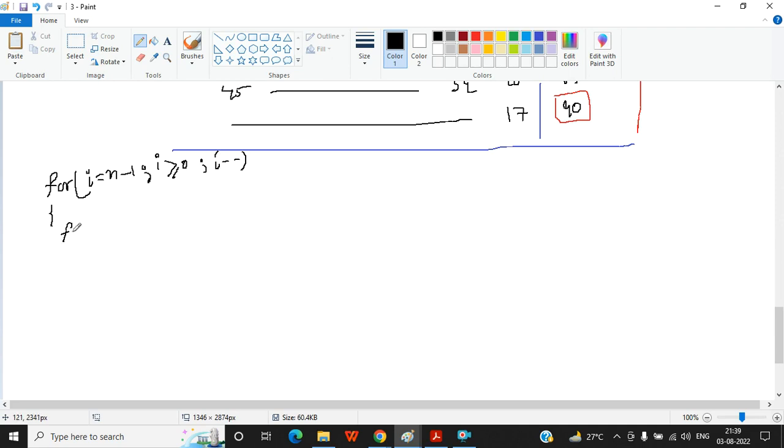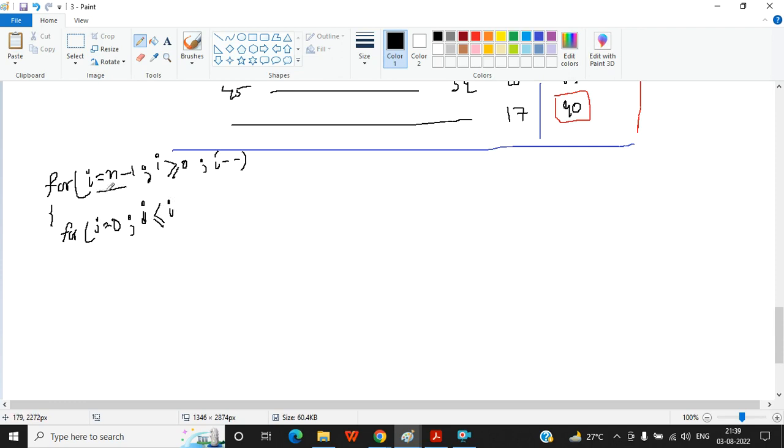For j equal to 0, the j loop will start from 0 and j will go up to less than or equal to i.